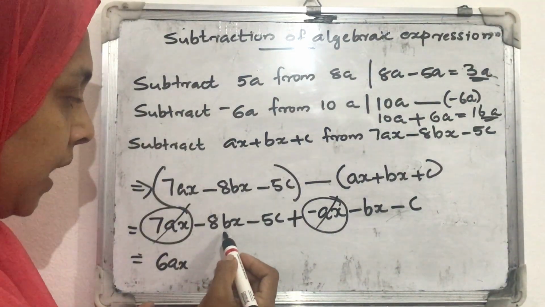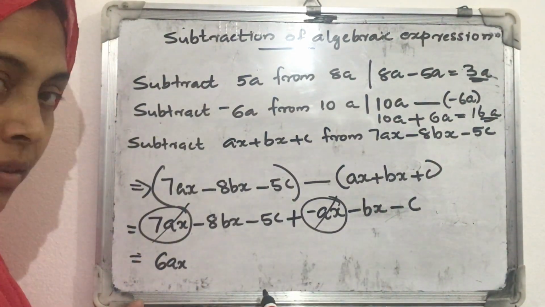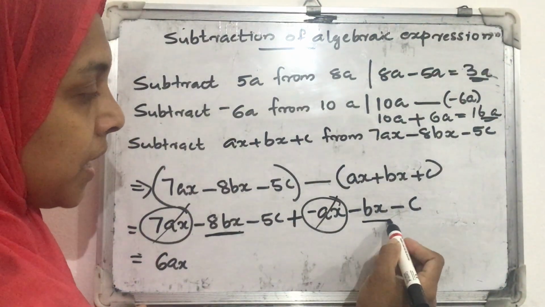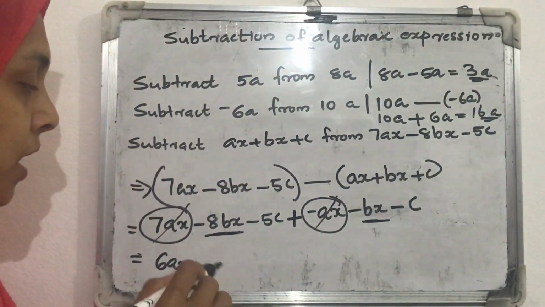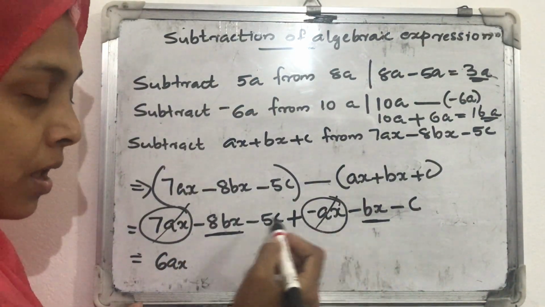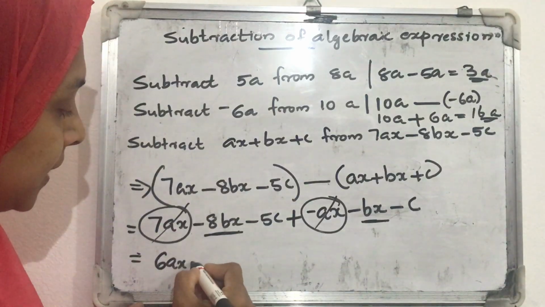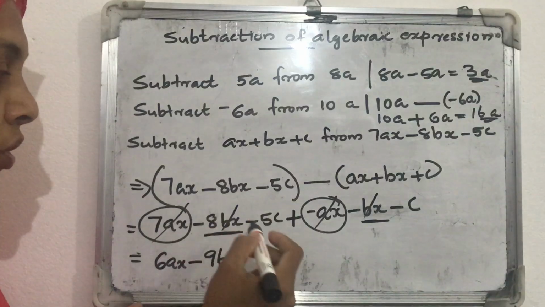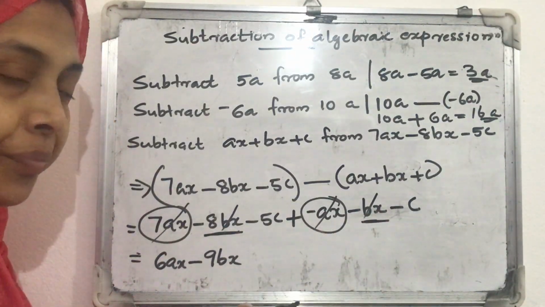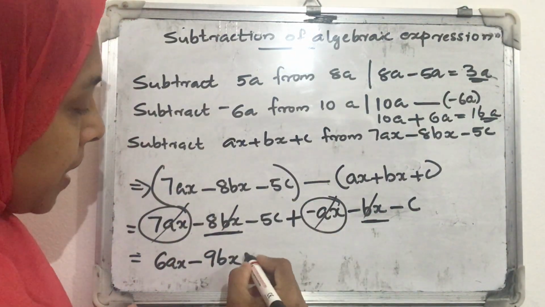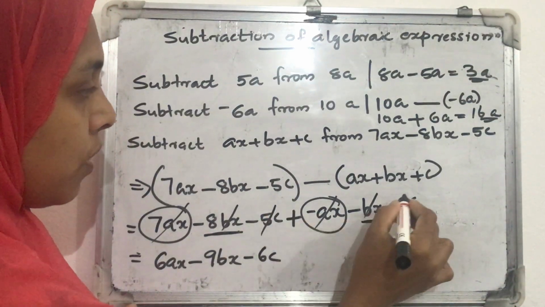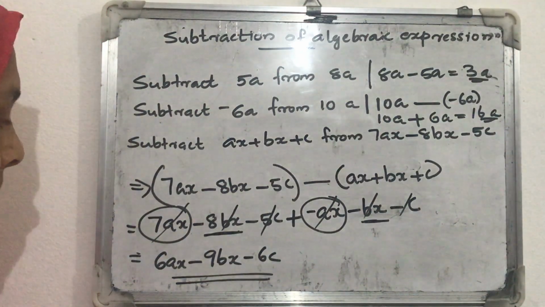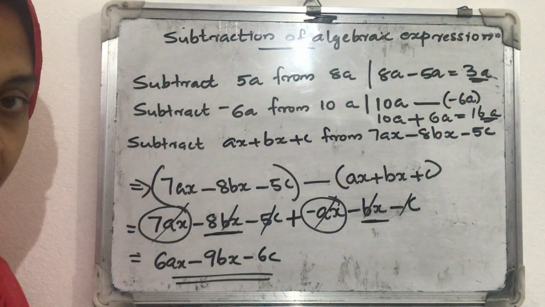Next, minus 8bx and minus bx. Their coefficients are minus 8 and minus 1. Minus 8 plus minus 1 is minus 9bx. Next, minus 5c and minus c: minus 5 and minus 1 give minus 6c. Does anything remain? No. So the final answer is 6ax minus 9bx minus 6c.